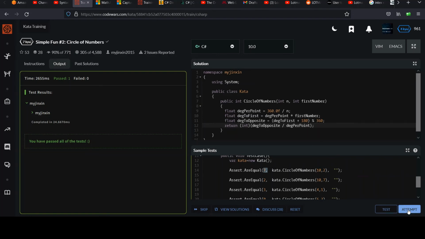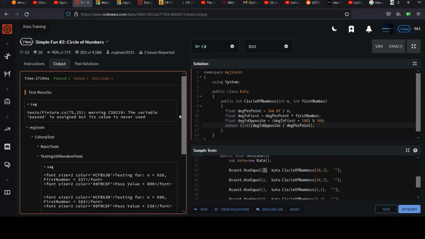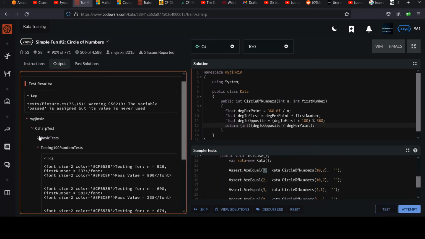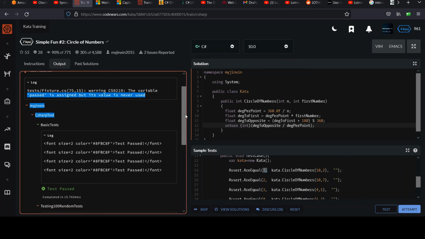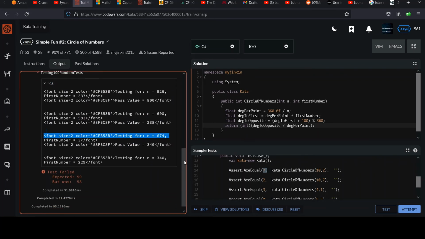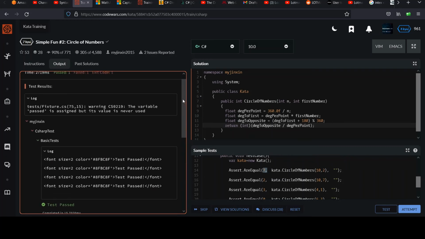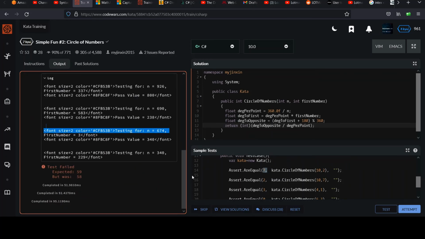Okay, green, but show us the whole story. And we got a lot of good stuff going on here, but whoa. Look at these failed tests. So close, right? Expected 59, was 58. Was that it? Was there just one?